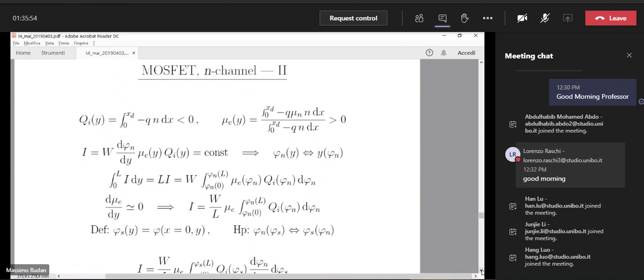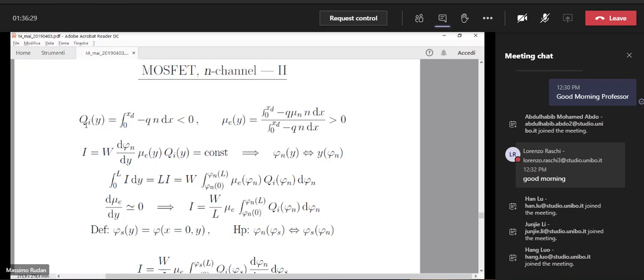Now we introduce a normalization. Number one, we observe that the integral of minus q n dx that we must calculate is nothing else than the inversion charge per unit area. We have already introduced this concept in the MOS capacitor.